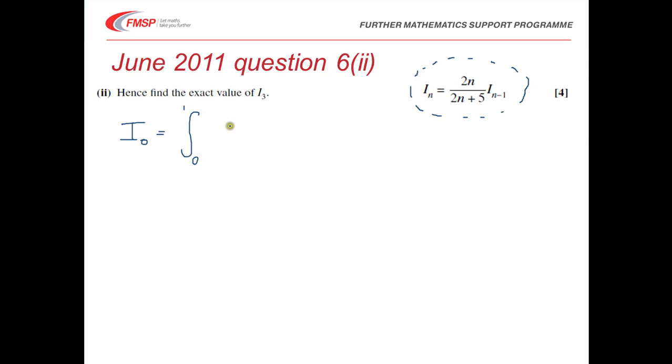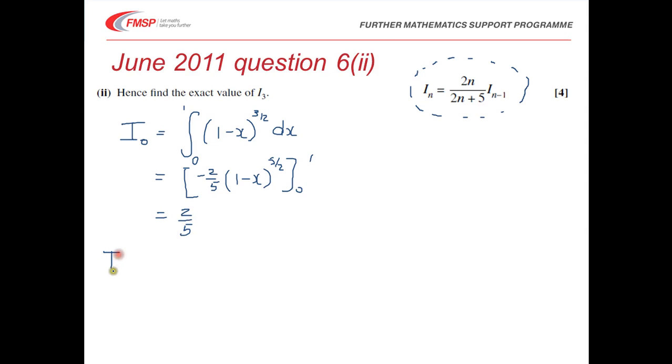Well, x to the 0 is just 1, so it's 1 minus x to the power of 3 over 2. And if we simplify that, then we get minus 2/5 (1 minus x) to the power of 5 over 2 between 0 and 1, and that turns out to be 2/5. So we work out that I of 0 is equal to 2/5.